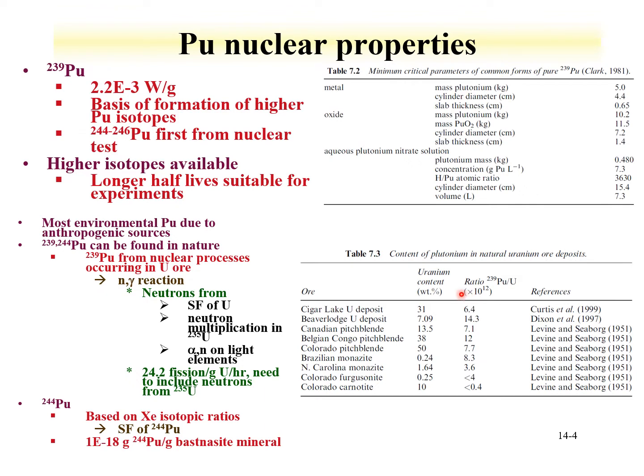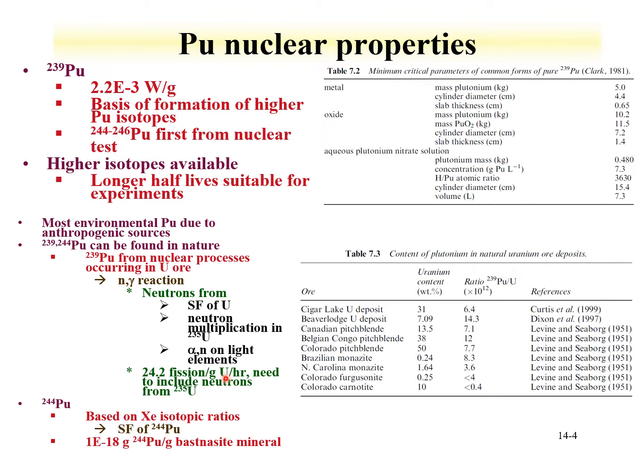In some of these materials, the ratio of plutonium-239 to uranium has been evaluated, and it is on the order of 1 part in 10 to the 12th, for example 6.4 times 10 to the 12th. So this definitely indicates that you can find plutonium-239 in nature, but at extremely low concentrations.